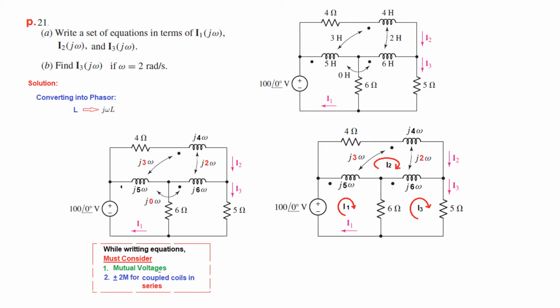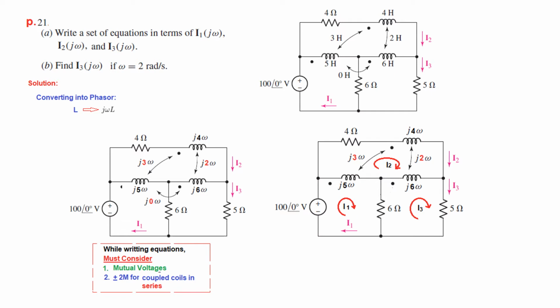Similarly, there will be a voltage here due to current flowing in this coil. So these are two mutual voltages. Similarly for this mutual coupling, there will be a voltage here due to current flowing through this inductor, and also an induced voltage here due to current flowing through this inductor. So there are four sets of mutual voltages.